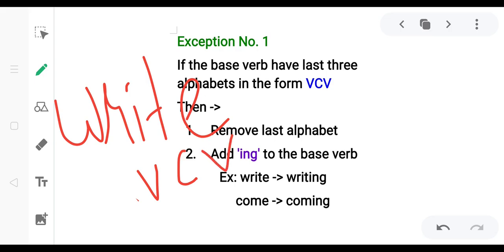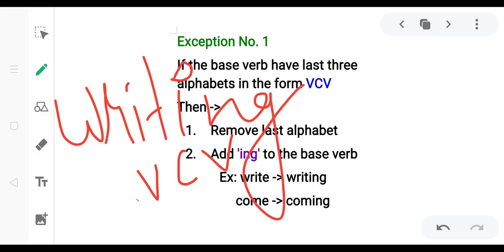So this is exception number 1. If it is VCV, we use exception number 1, which says that for making these kinds of base verbs continuous, first we have to remove the last alphabet, then we add ing. So we remove E and then add ing. Write becomes writing, come becomes coming.